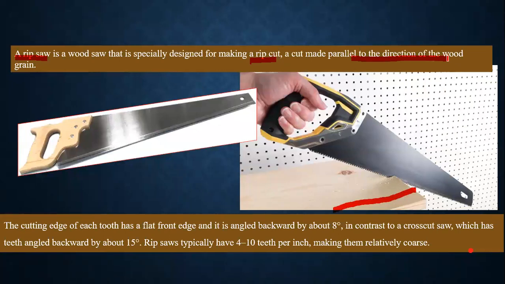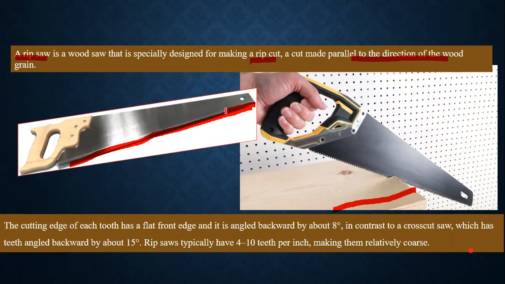Now, what other difference do we see when it comes to the rip saw? When you take the rip saw, this is what we call the teeth where I'm pointing. Can you see? Yes. Teeth of the saw. Now, when you take every 1 inch length of the cutting edge, when you measure every 1 inch, depending on the size of the rip saw, you count just about 4 to 10 teeth.